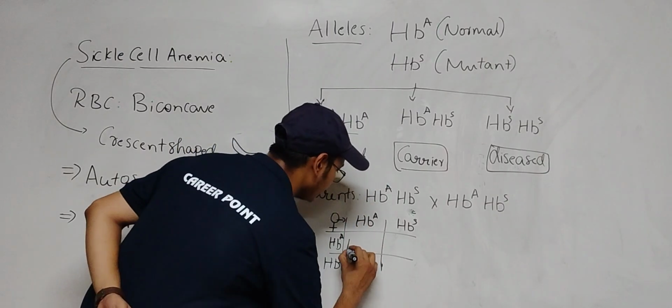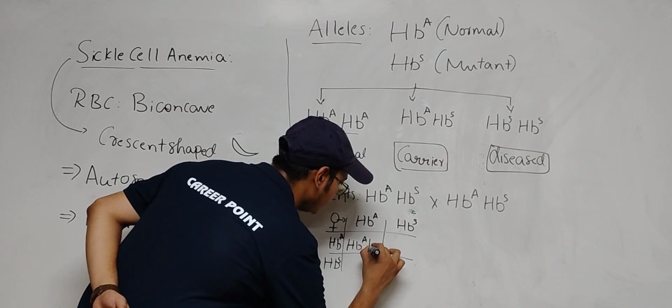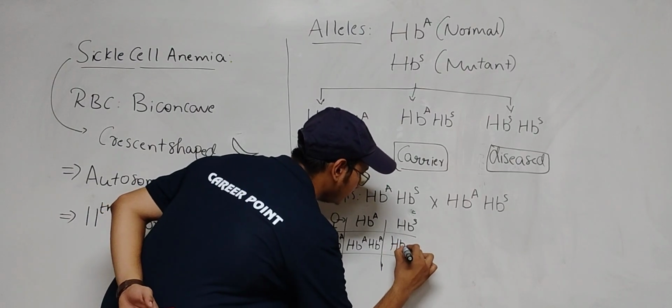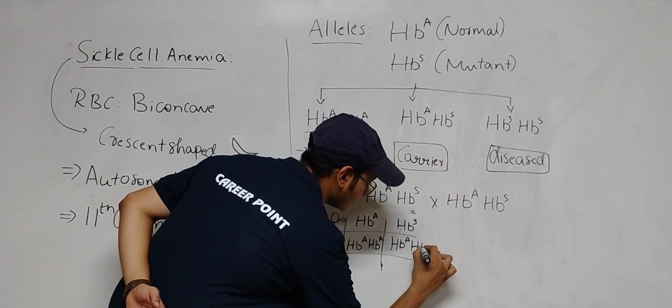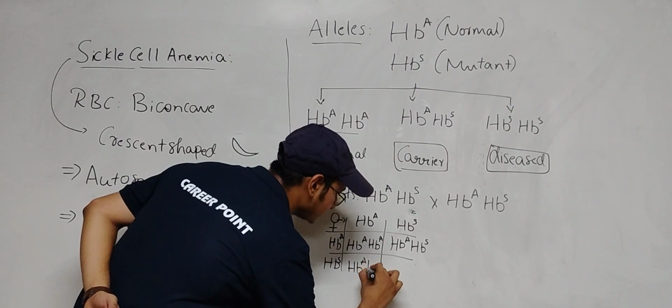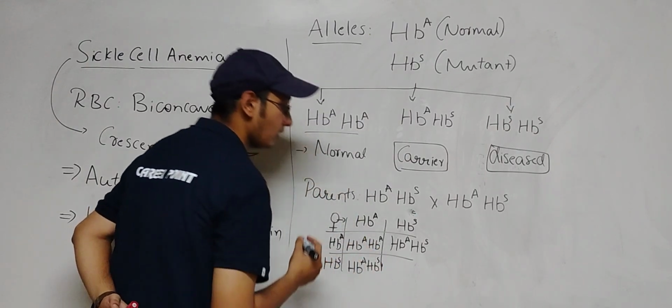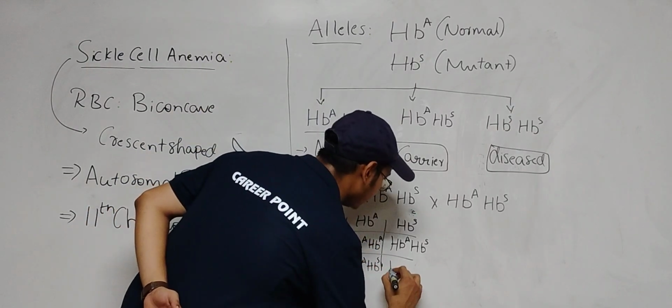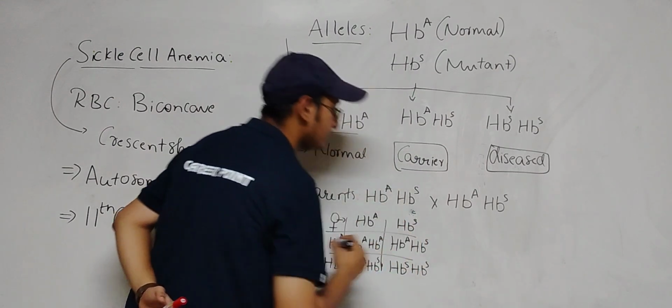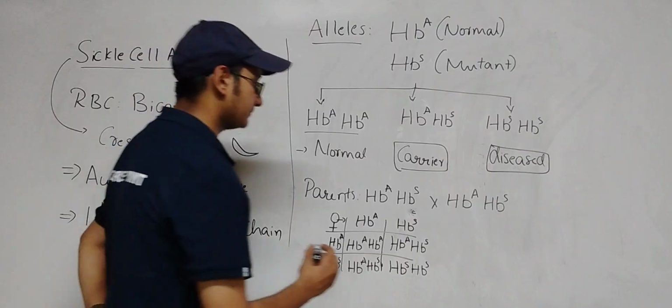So this will become HBA and HBA, which is a normal one. Here HBA and HBS, which will be a carrier. Here HBA and HBS, which will also be a carrier. And here HBS and HBS, it will become the diseased one.